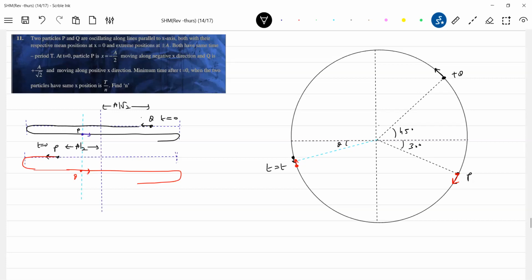So this angle will also be 45, and this angle is 30 degrees. So an equation can be written: 45 plus 90 plus theta. I'll get into the mathematics.